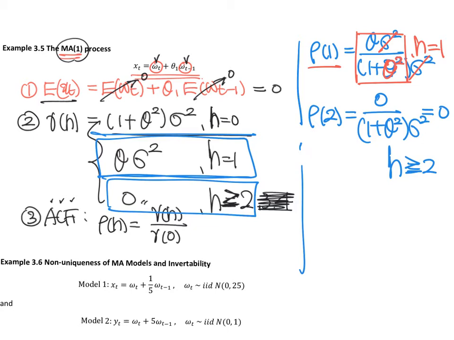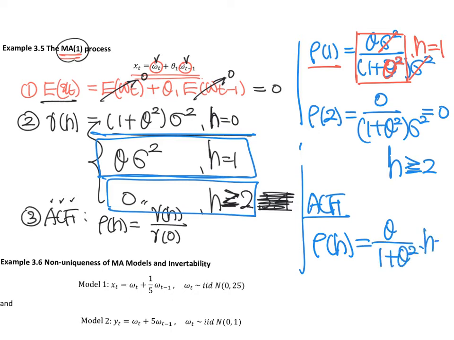So simply I can define the rho at any h: it will be theta over 1 plus theta square when h equals 1, and the others, h bigger than or equal to 2, it's nothing.